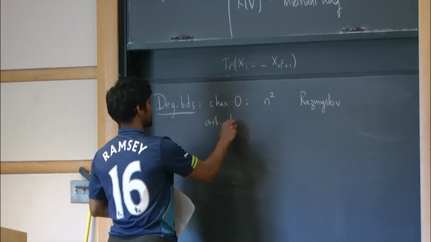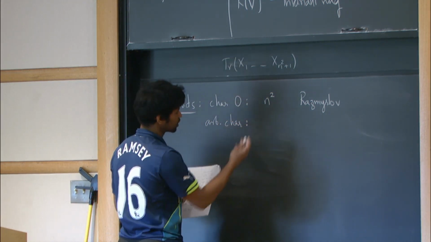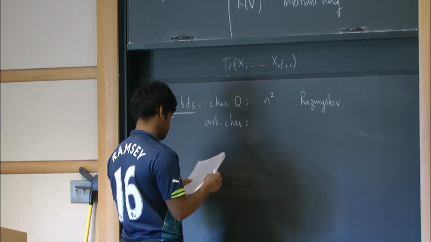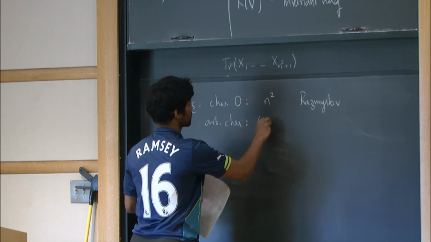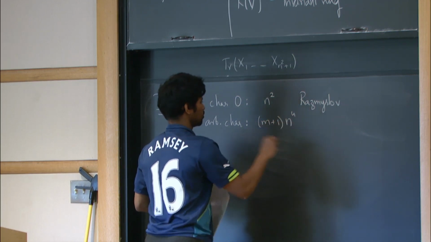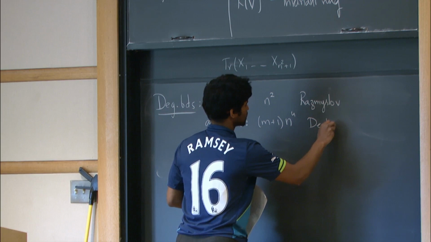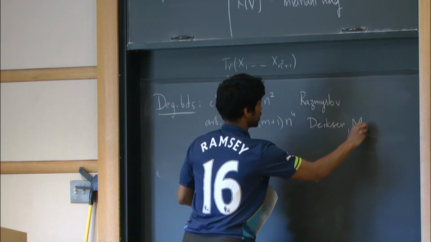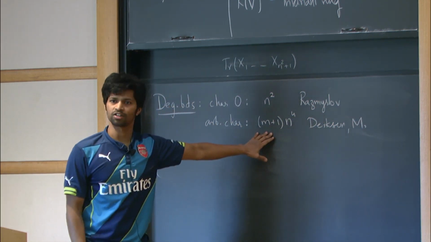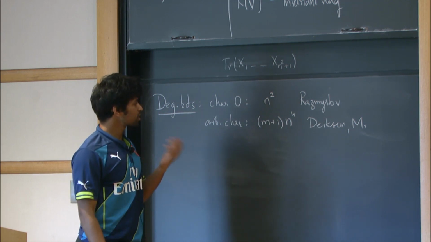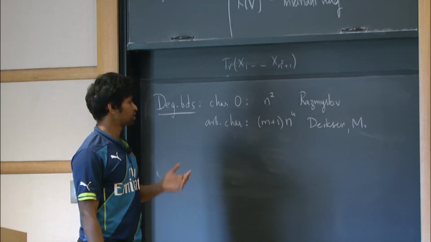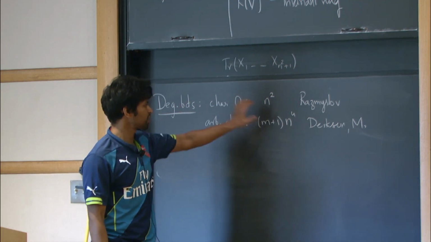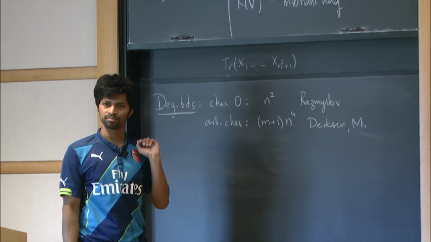But this was a characteristic 0 argument. And in arbitrary characteristic, for a long time, nothing close to this was known. And recently, my advisor Harm Dijkstra and myself, we proved an upper bound of (m+1)n to the 4. And there's also one thing that you probably will notice eventually, that in characteristic 0 you're able to get bounds that have nothing to do with m.